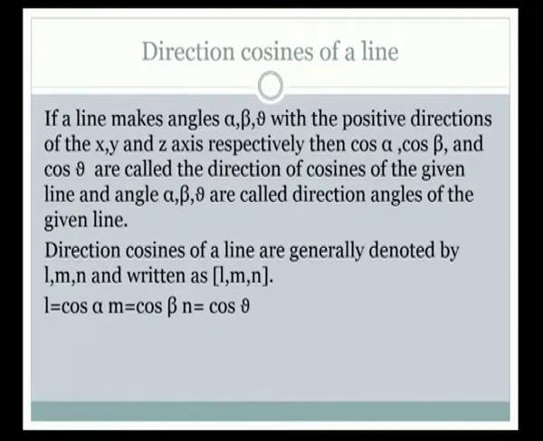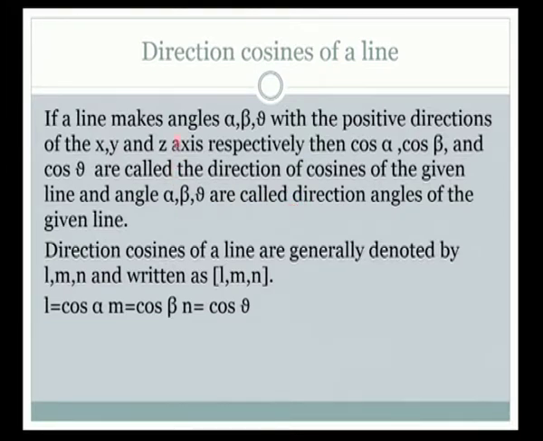Using these two concepts, we can go to the direction cosines of a line. If a line makes angles alpha, beta, gamma with the positive directions of the x, y and z axis respectively, then cos alpha, cos beta and cos gamma are called the direction cosines of the given line, and the angles alpha, beta, gamma are called direction angles of the given line.